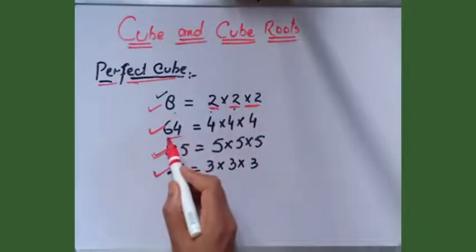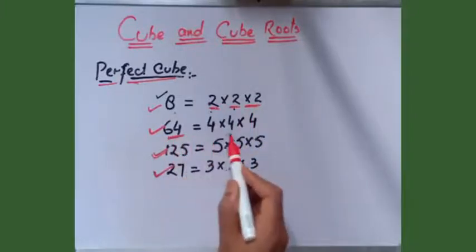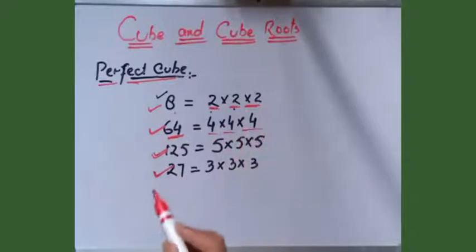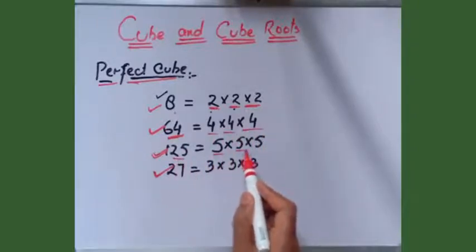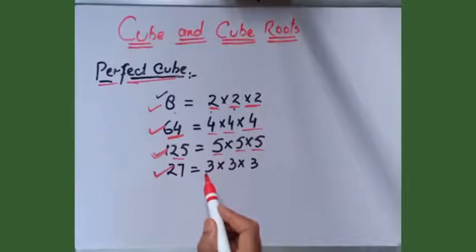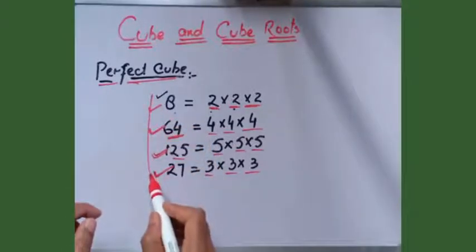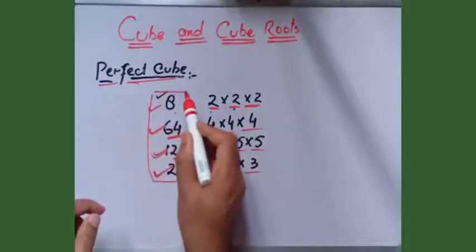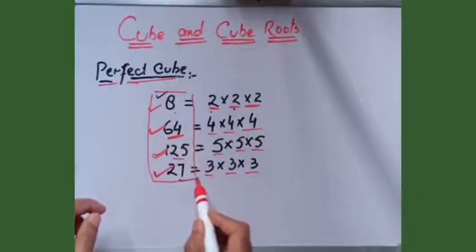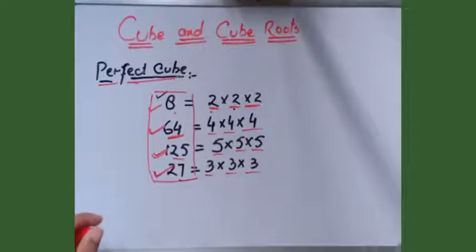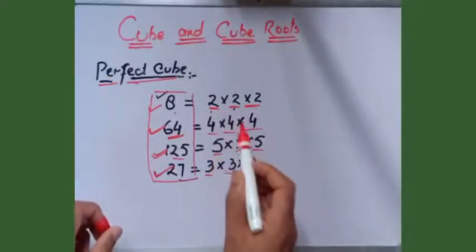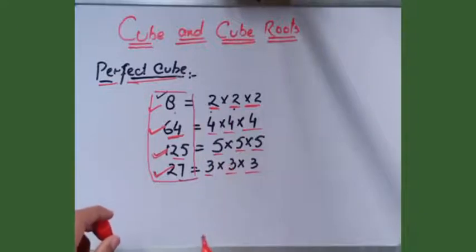Similarly, 64 can be expressed as the product of 3 same factors. 125, 3 equal factors. 27, 3 equal factors. All these numbers are termed perfect cubes because they are able to express themselves as the product of 3 equal factors.